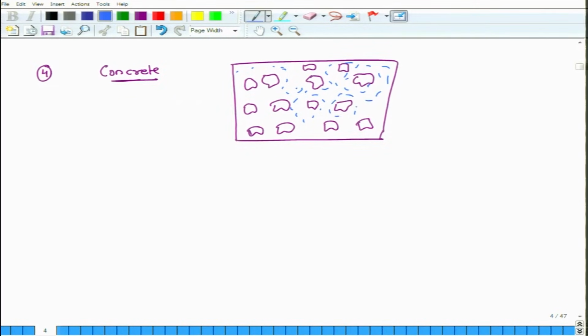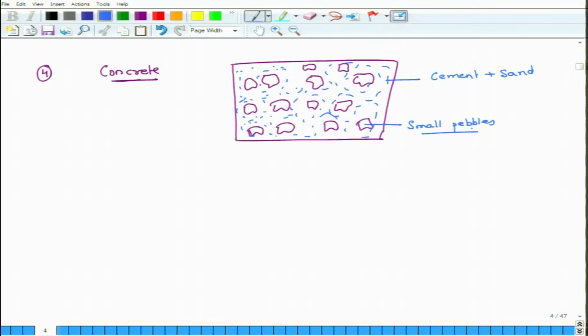So, you have rock and all these small pieces. They are not big rocks, they are small pieces of rocks. They are bound together in a sea or in an ocean, which is made up of, so these are small pebbles or rocks, and the sea is made up of what? Cement plus sand. Okay.